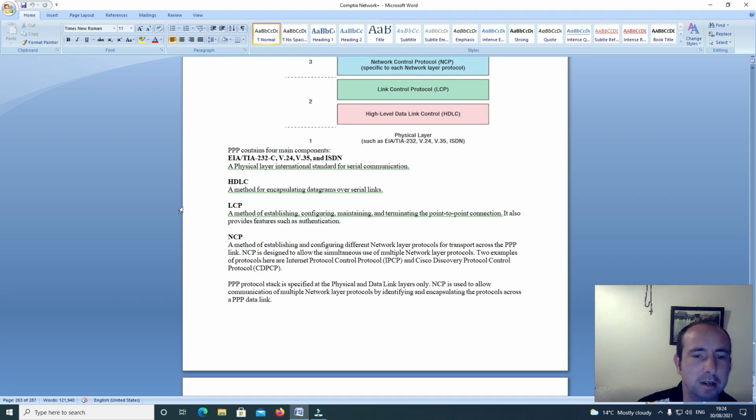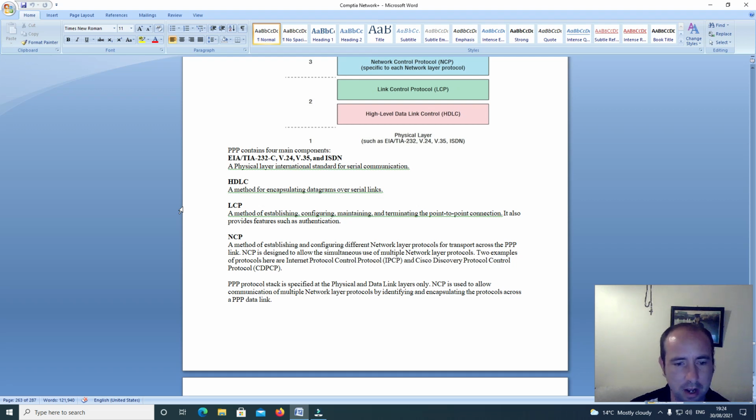Now, PPP contains 4 main components. EIA/TIA-232-C, V.24, V.35 and ISDN: a physical layer international standard for serial communication. HDLC: a method for encapsulating datagrams over serial links. LCP: a method for establishing, configuring, maintaining and terminating the point-to-point connection. It also provides features such as authentication.